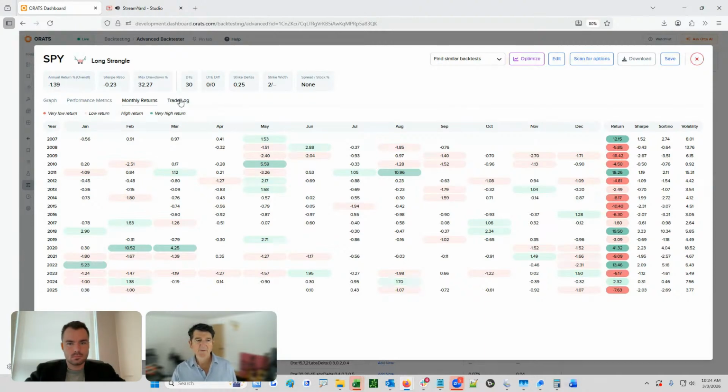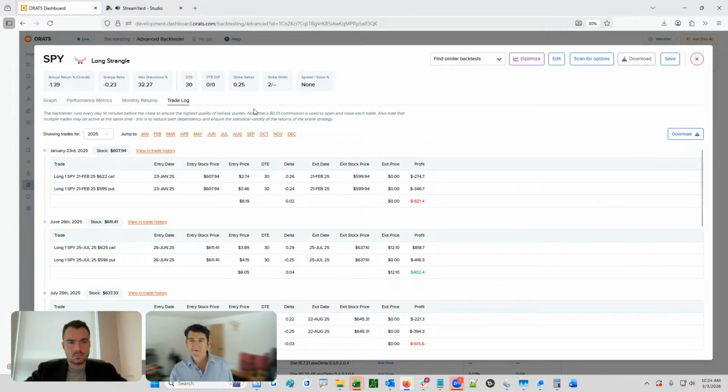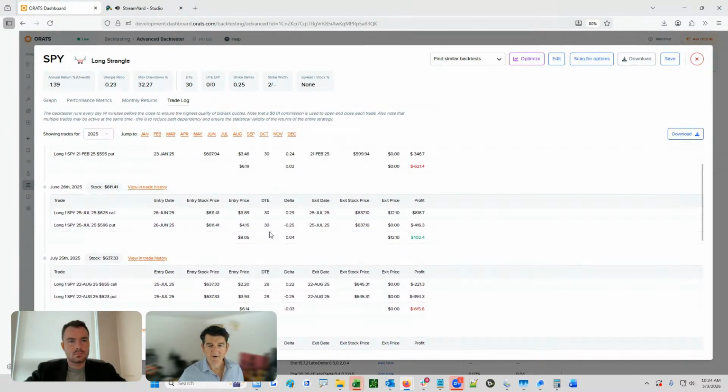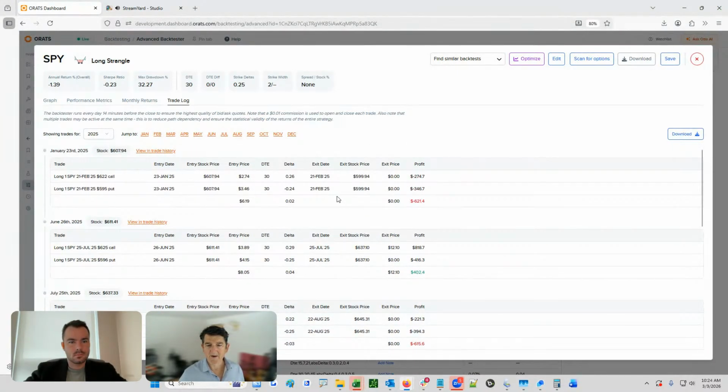So we could look at some of the trade logs and see what's going on here. You get in at 607, but you do the 622, 595, and if it doesn't go outside of that, you're going to lose. However, on this one, it did clear outside.